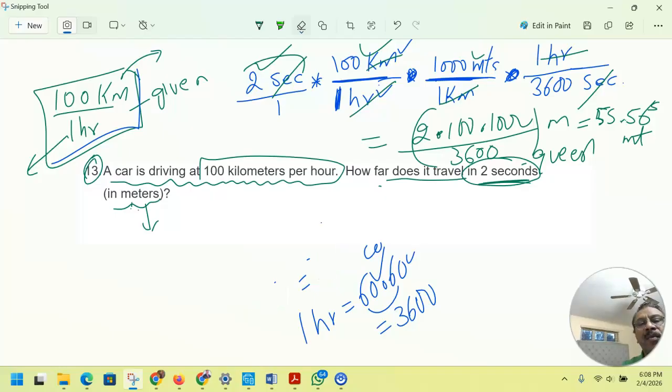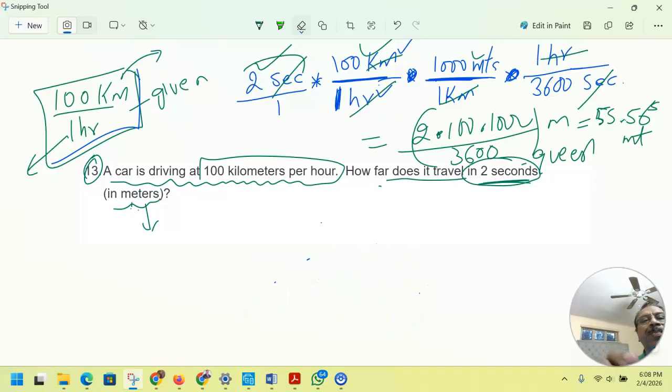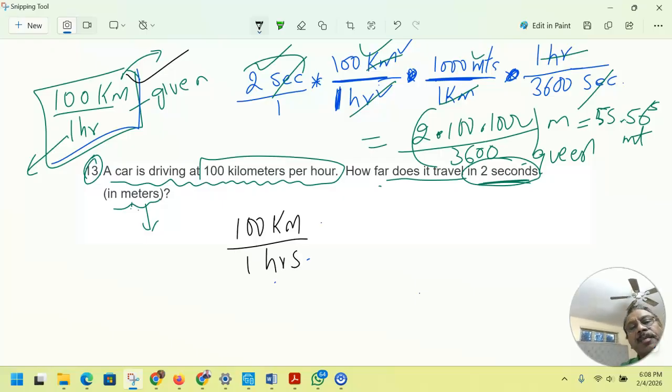The question is, is there another way to do this? Let's see. You can also begin with the conversion rate. That means you can start with 100 kilometer and 1 hour. So first write down, convert this into 1 hour is 3600 seconds.